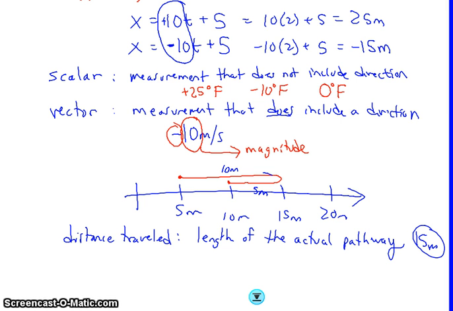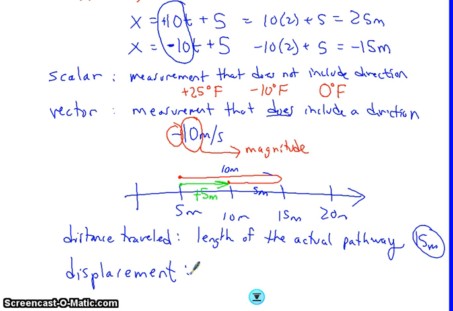Now, another thing you could say that would have meaning is, well, they started here and they ended up there. So they really only, overall, went 5 meters. And you can also say that they went 5 meters to the right. So you could say they went positive 5 meters. So when you talk about how far something went that way, that's called displacement.